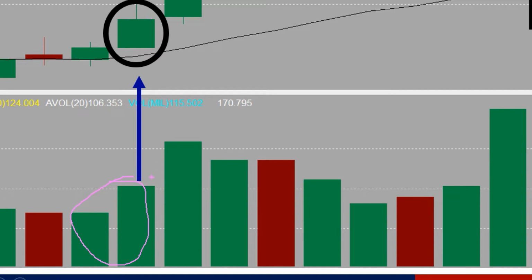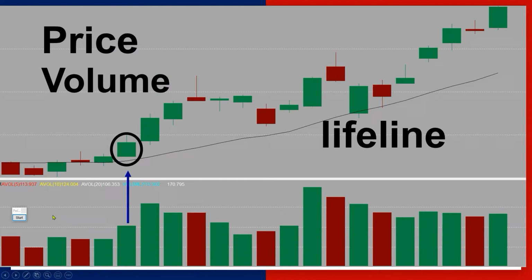So the volume confirms the price movement, and the price and volume confirm each other very well. Also, the price just moves around the lifeline and the lifeline turns up. So we can enter, we can hold, no problem. We will make a lot of profits in this kind of movement.